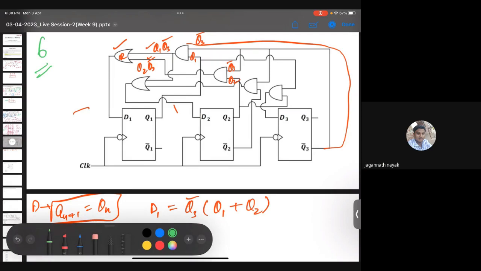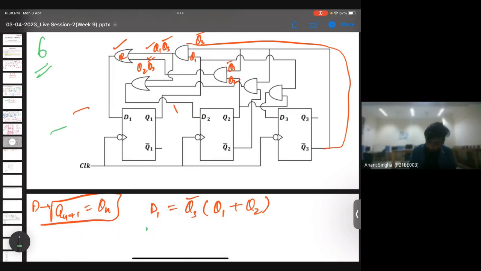Okay, so we'll write for D2 now. D2 is again an OR combination of Q1 Q3 bar, and this is an AND combination of Q3 bar and this is Q2 bar. So it will be Q2 bar and Q1.